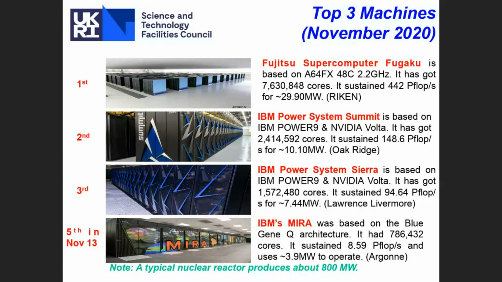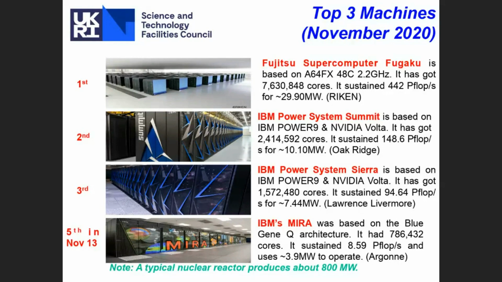But it happened that the fastest computer in the world doesn't use accelerators, only CPUs based on ARM processors. But the common trend of the first 3 machines is the number of cores: they're all over 1 million.